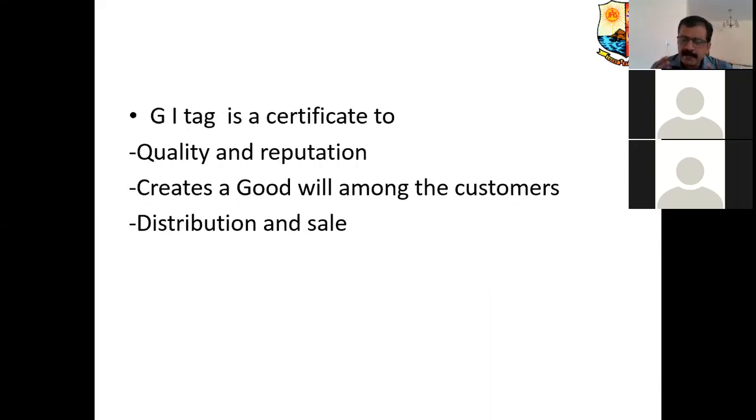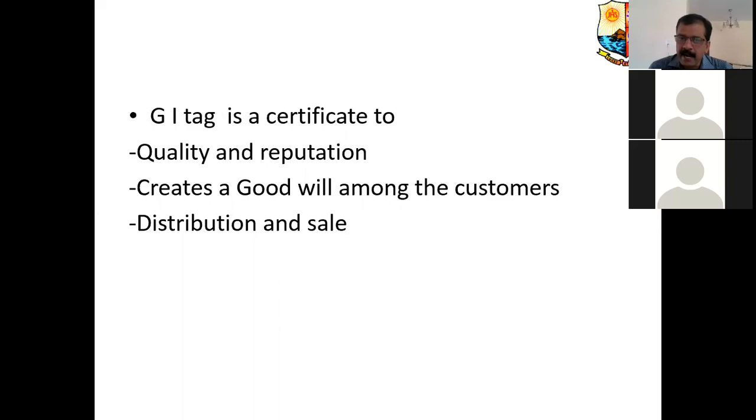So, what is the importance of GI tag? GI tag is a certificate of quality and reputation. Suppose you have a GI tag, then it itself is a quality certificate, a reputation of that product.